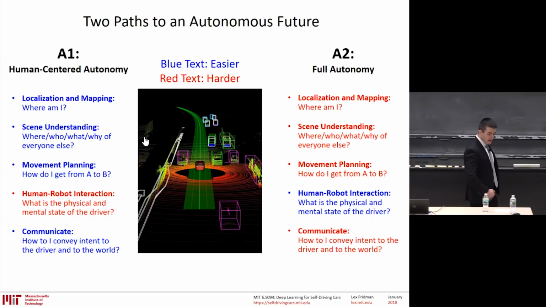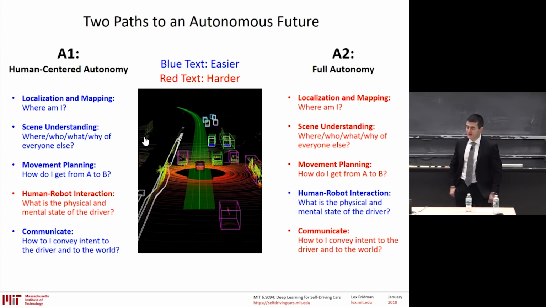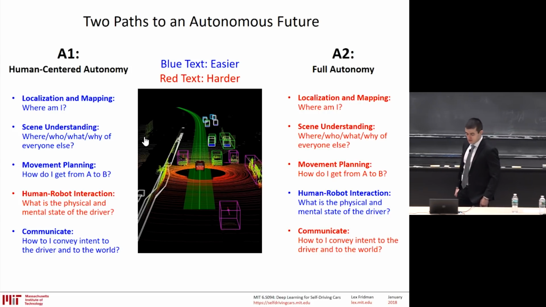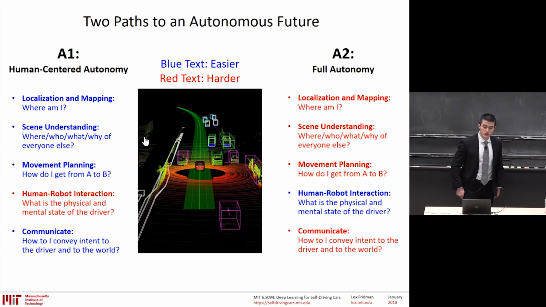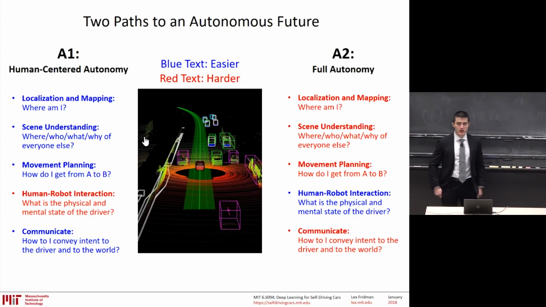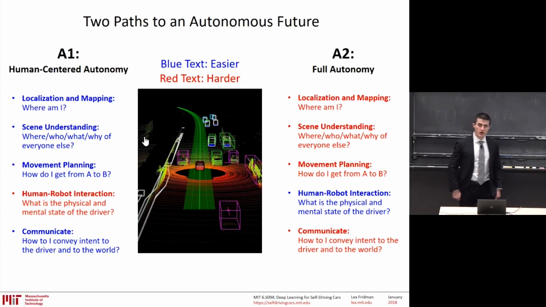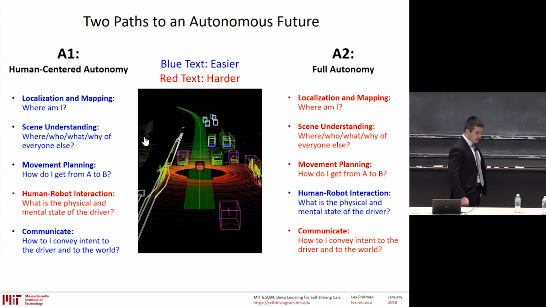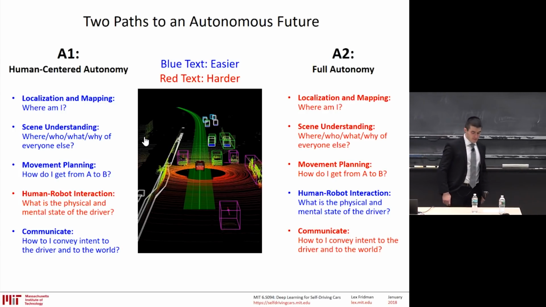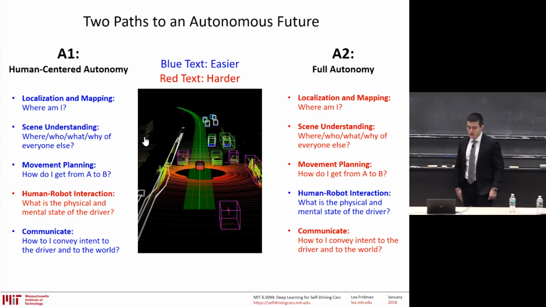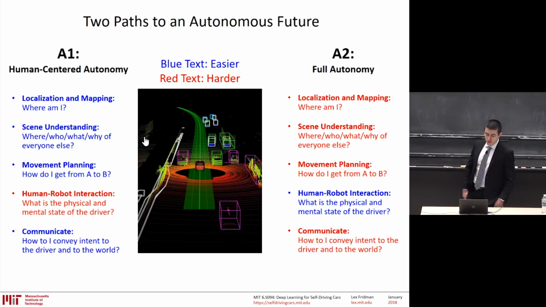So in that context of human imperfections, we have to ask ourselves: is the human-centered approach to autonomy in systems, autonomous vehicles that are using artificial intelligence to aid the driving task, do we want to go, as I mentioned a couple of lectures ago, the human-centered way or the full autonomy way?